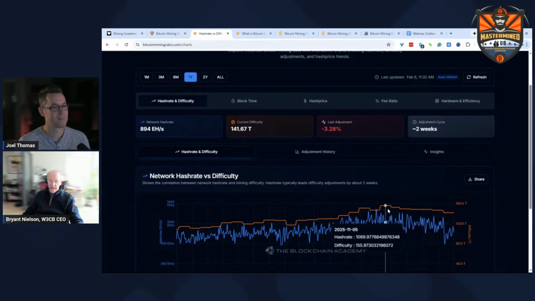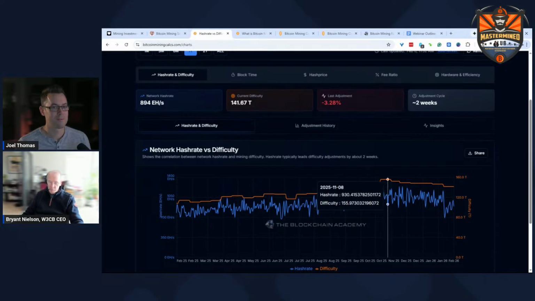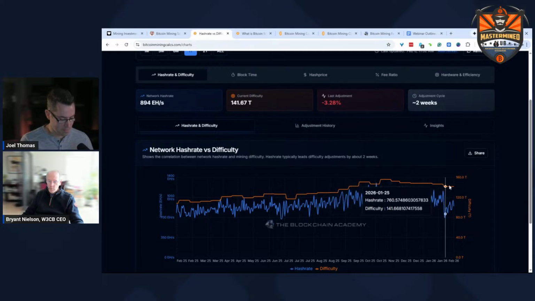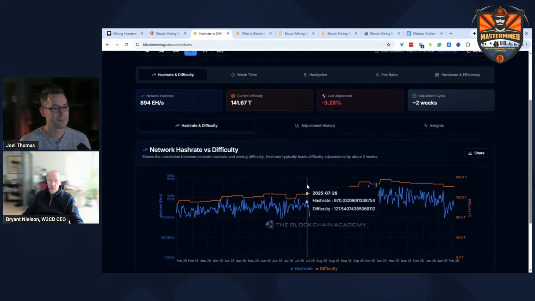As you can see, from somewhere around November of last fall, so basically 2.5 months ago, we've seen a steady decline in the hash rate, and the difficulty has also fallen from a peak. This allows you to see where you are competitively.